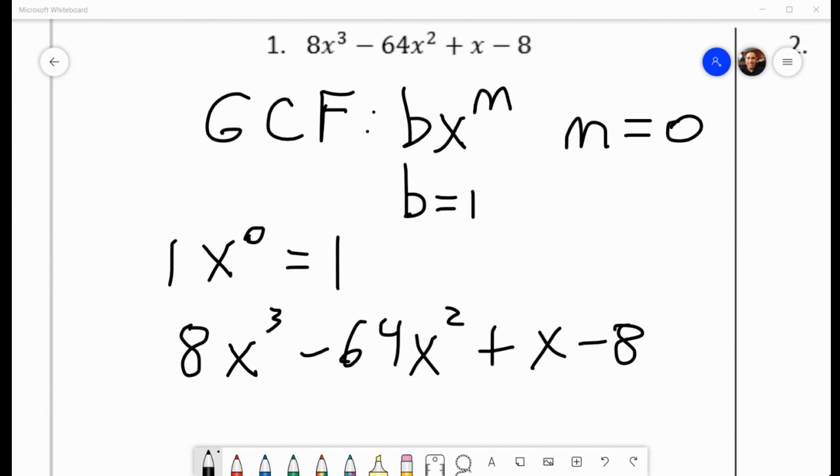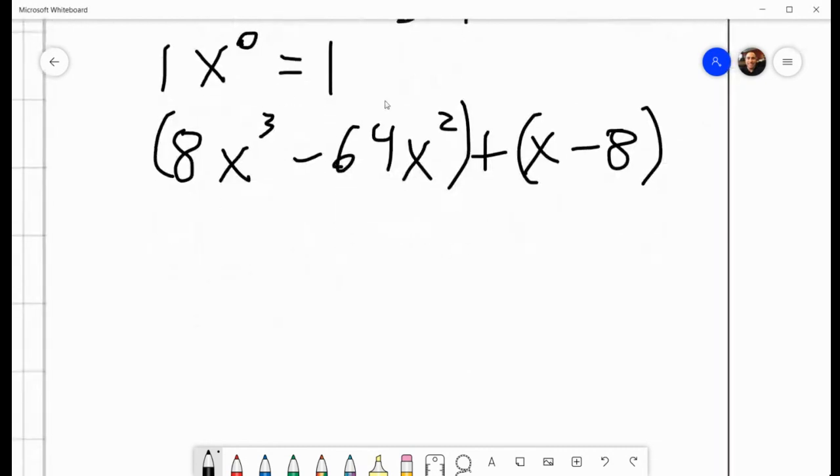What we do is form two groups: the first two terms in a group, and the third and fourth terms in a group. And we have addition between the two groups. We always want that; it just makes the process easier. Let me move it up a bit. So now we have to factor each of these two groups individually.